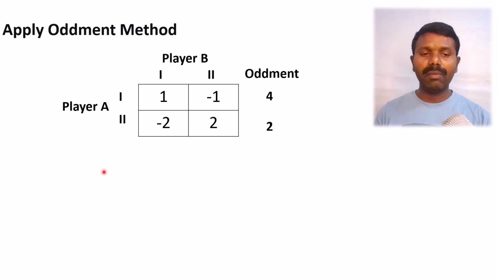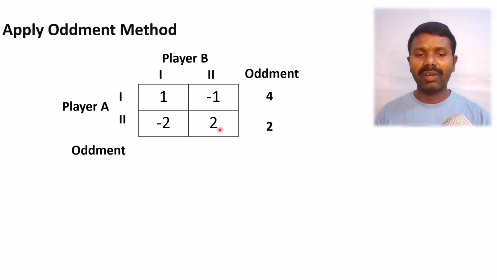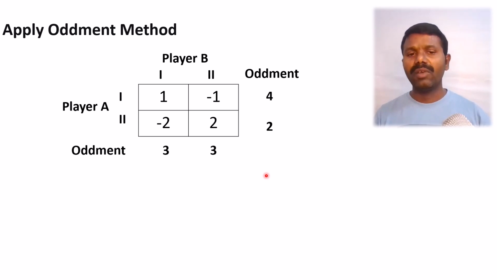And again the oddment values for the columns will be the difference between these two, that means minus 1 minus 2 becomes minus 3, but the oddment value needs to be a positive number, so it will be 3. And again for the second column, the oddment value will be 1 minus of minus 2, that is plus 3, so 3.